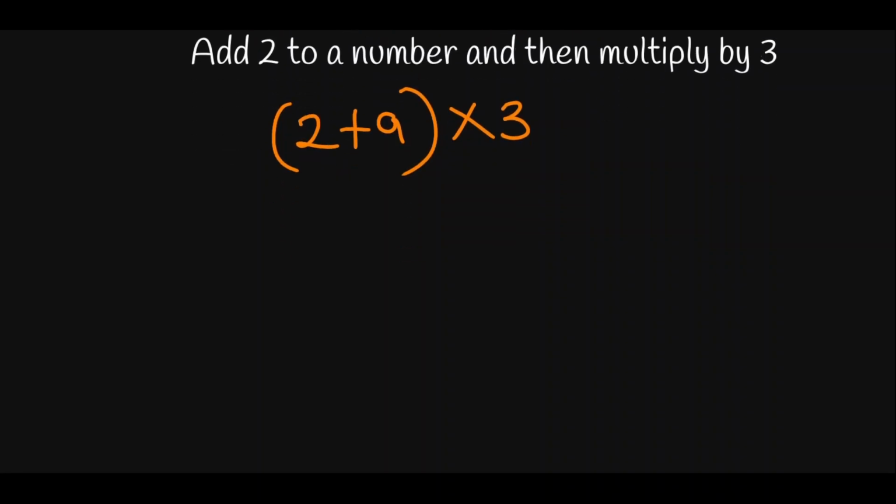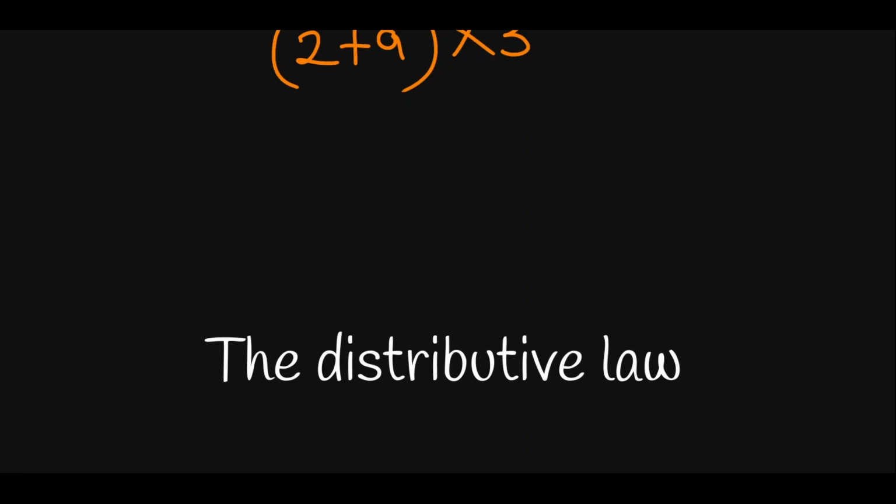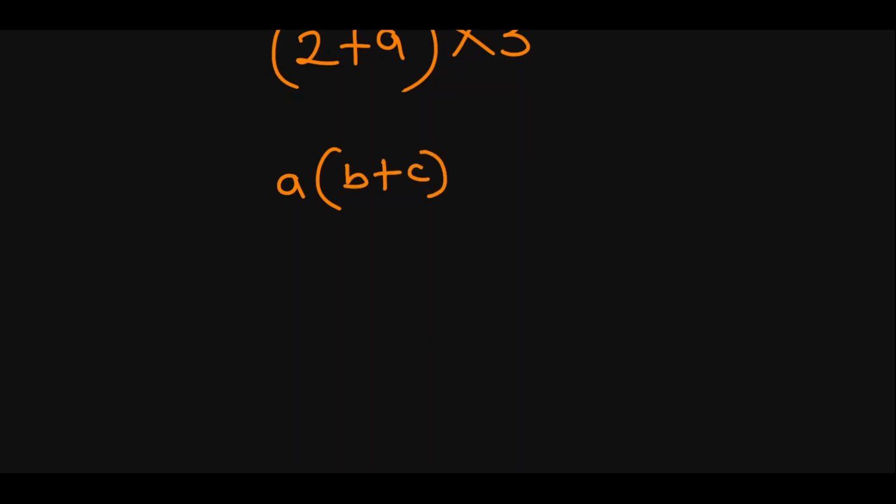The first and most important thing we need to learn before talking about removing brackets is what we call the distributive law. And what does the distributive law say? It says that if we had A(B + C), for instance, to remove this bracket or to expand the brackets, you multiply what is outside with each of the terms one by one.